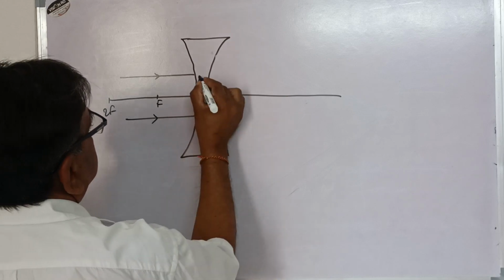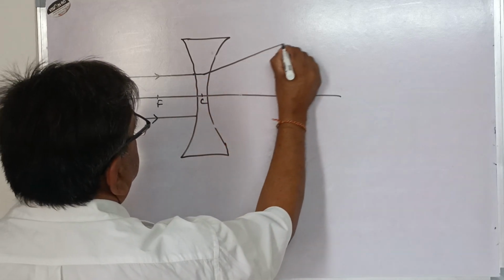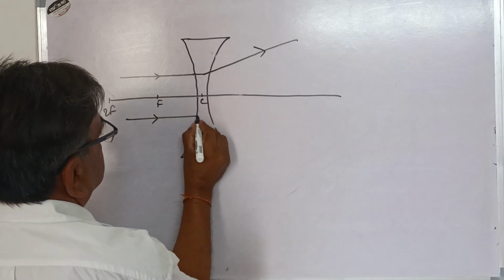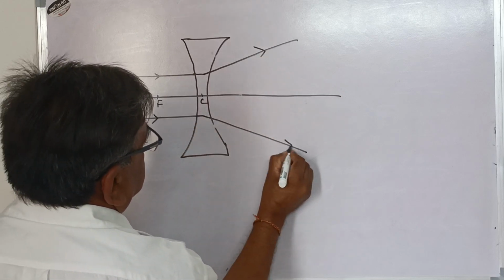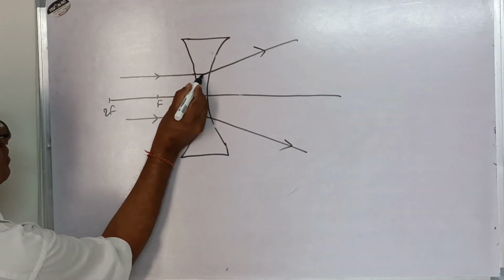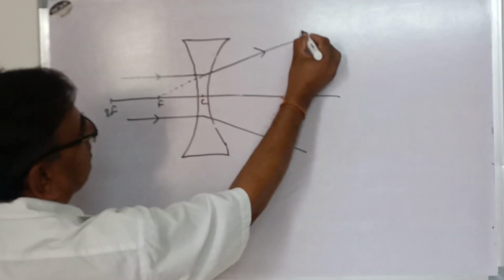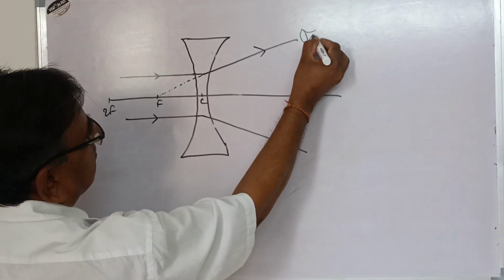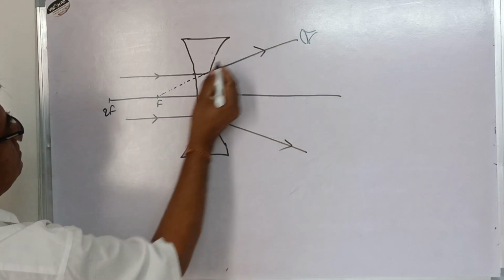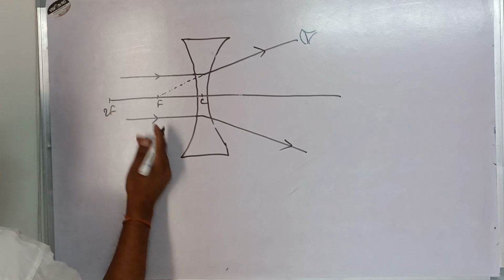These rays after refraction follow this path. You see from here, this ray seems to be coming from the focus, because this is parallel to the principal axis.